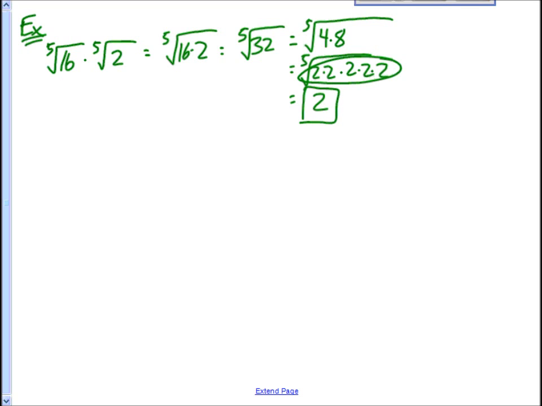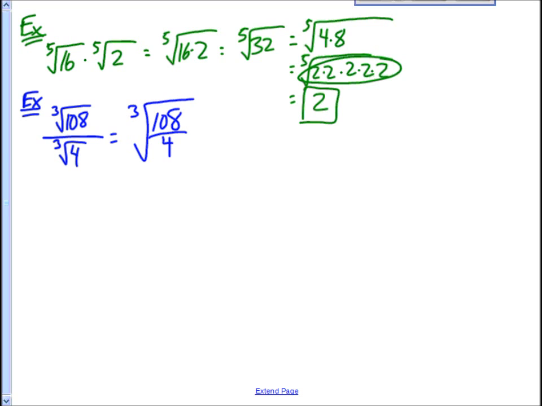Okay? About third root of 108 over the third root of 4. So, hey, they're both third root, aren't they? 108 over 4. And that would go, let's see, that's 27 times, right? Third root 27.